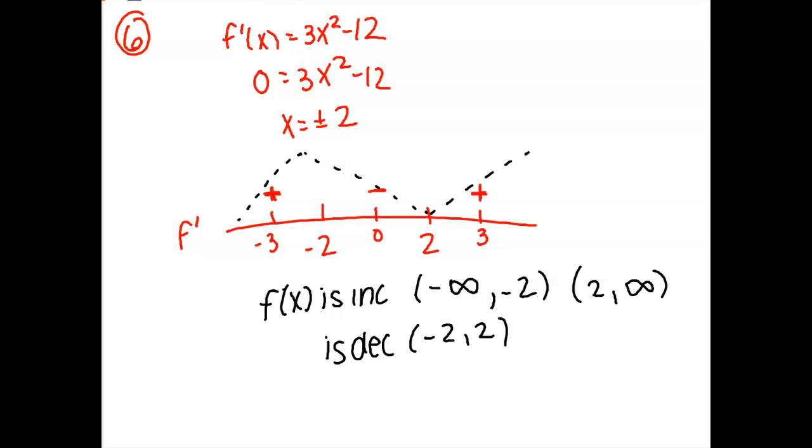Can we find where it's increasing? Can we find where it's decreasing? We already know how to do this based on that chart I gave you way back in chapter 3, but now we're going to look at it after having evaluated critical points and our mean value theorems.